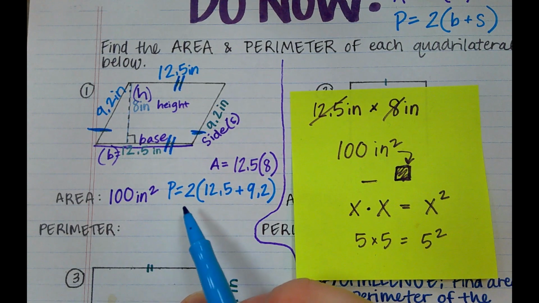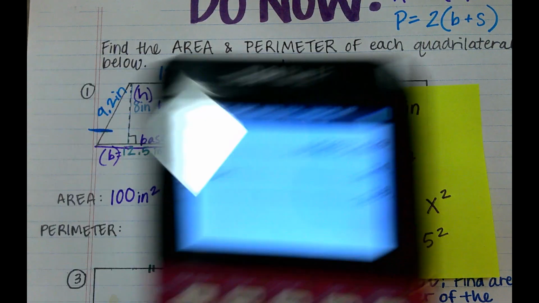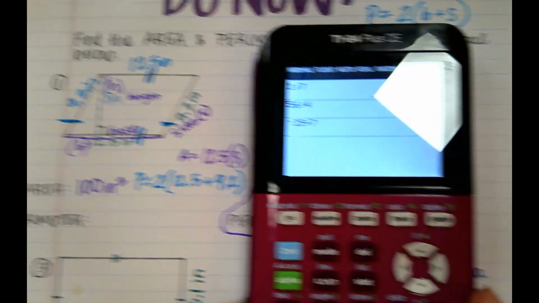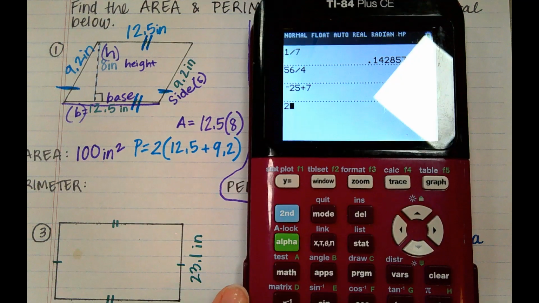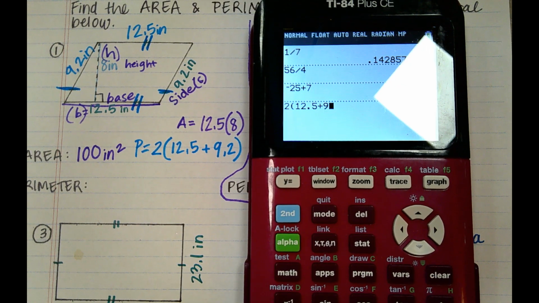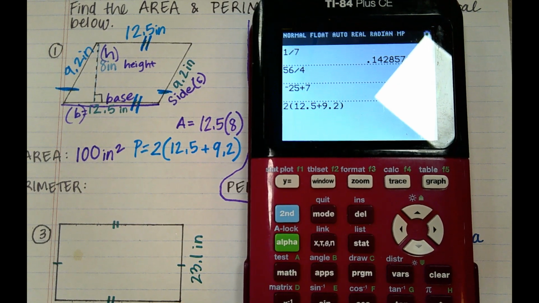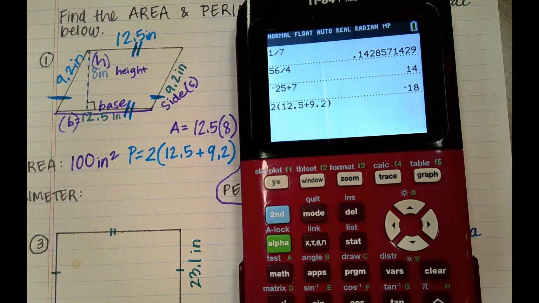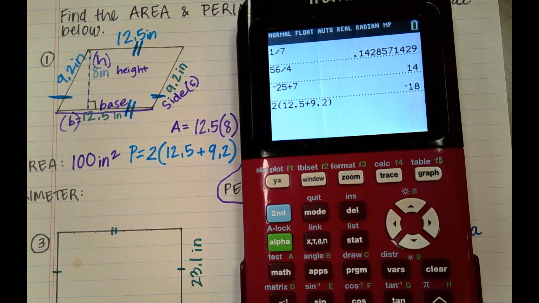I'll pull mine up. The parentheses are above 8 and 9. Open parenthesis, 12.5 plus 9.2, close the parenthesis. Press enter. 43.4.